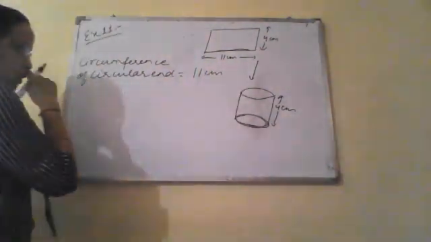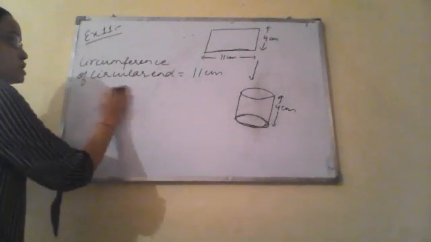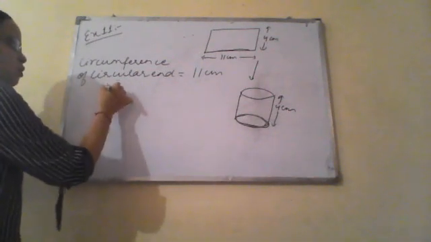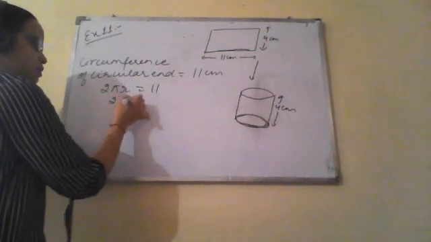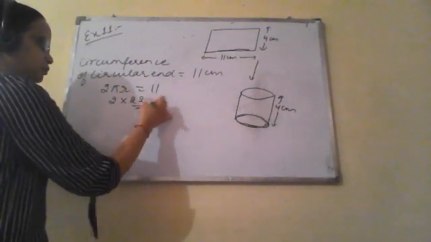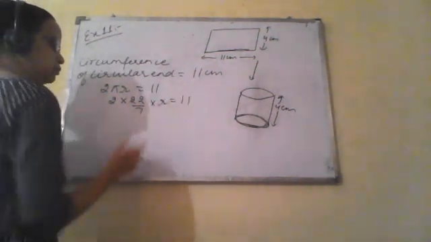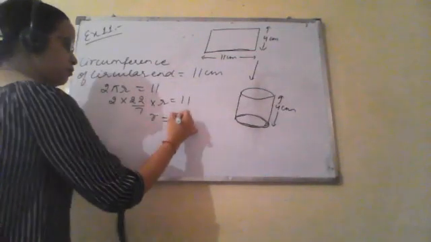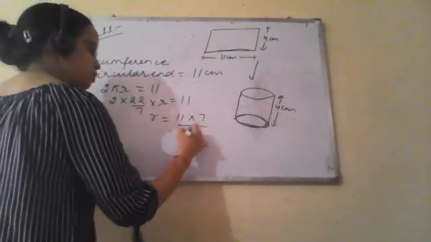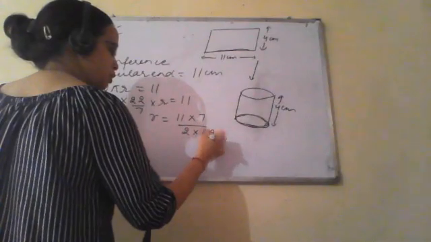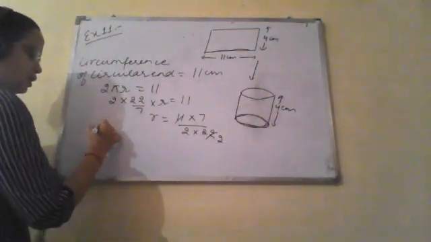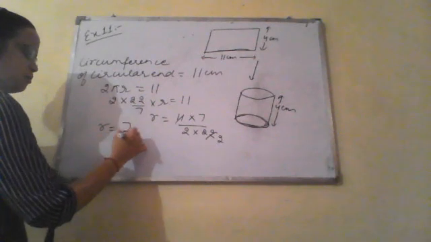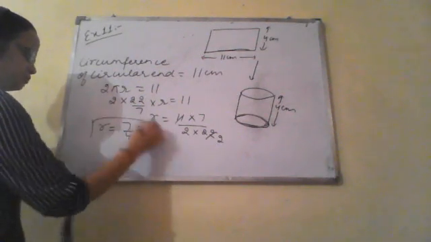Okay, so what is the circumference of a circle? 2 pi r equals 11 centimeter. So radius will become 11 into 7 upon 2 into 22. This is 2. So radius becomes 7 upon 4 centimeter.